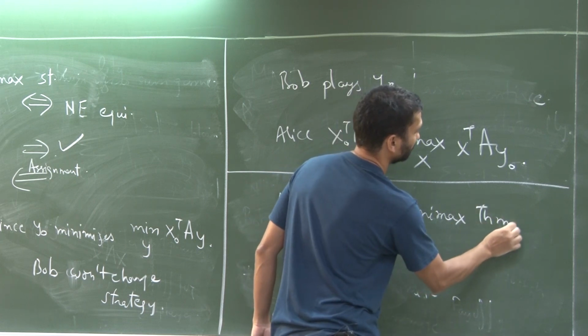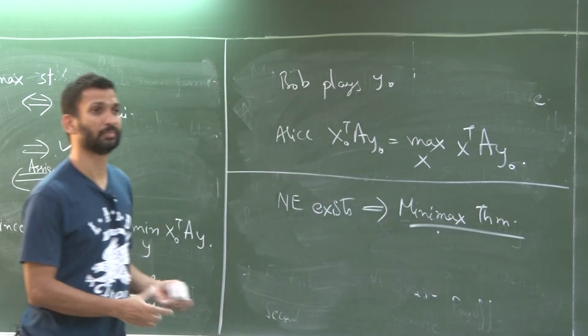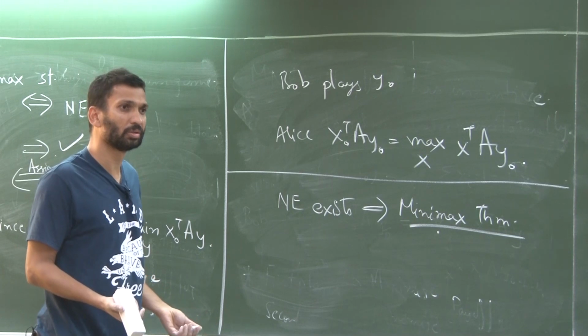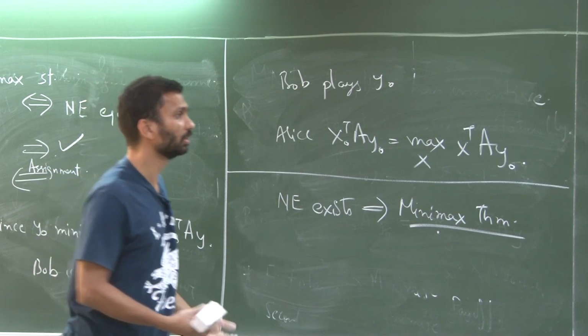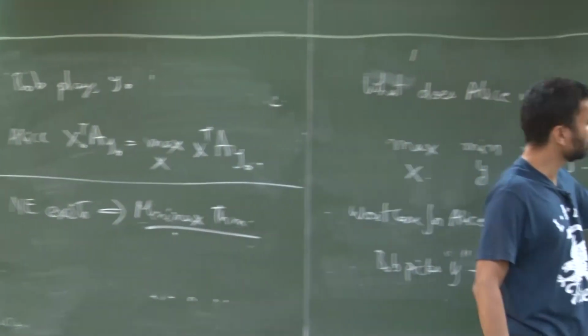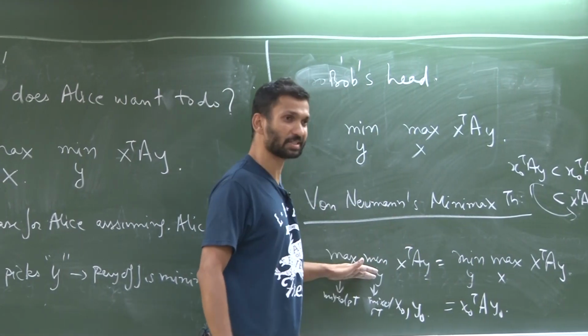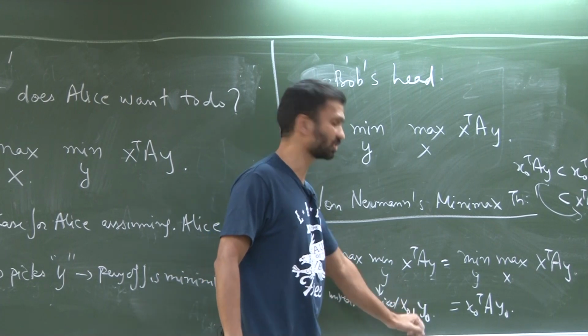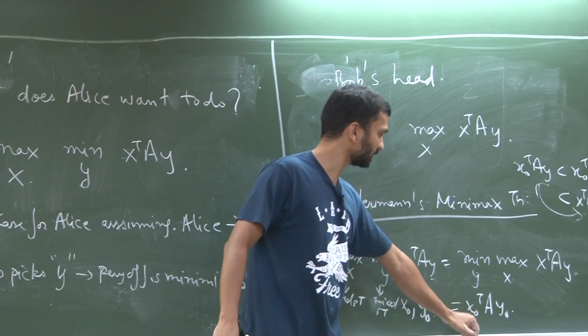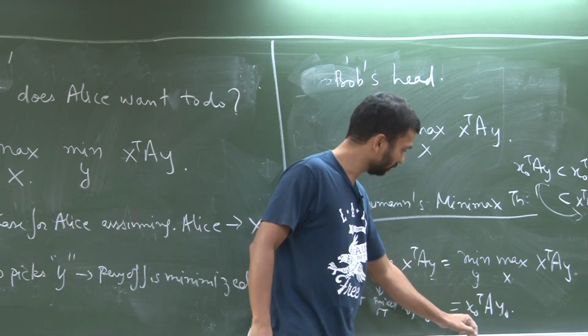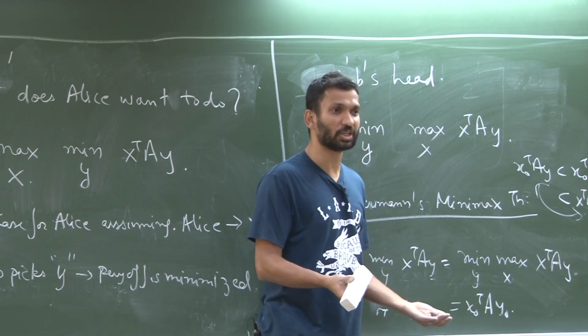the Minimax theorem. Do you see this now? Right? If von Neumann's Minimax theorem is true, this min-max is equal to maximin. That means there exists x naught and y naught, so the payoff is x naught transpose A y naught, and we know x naught, y naught is a Nash equilibrium.